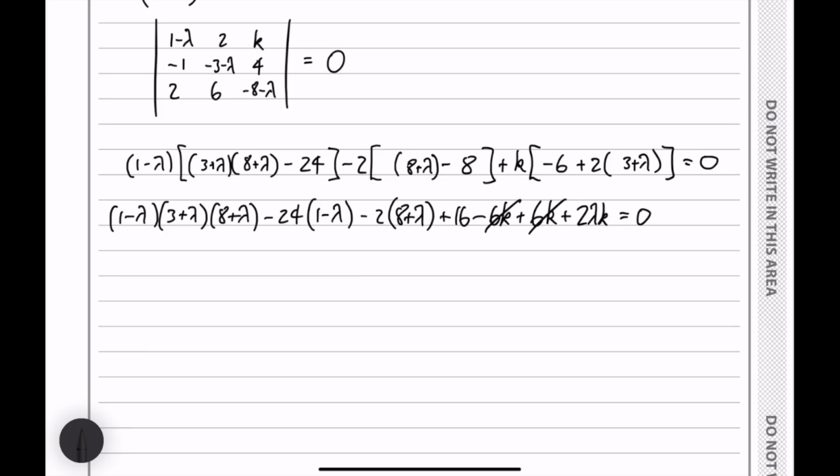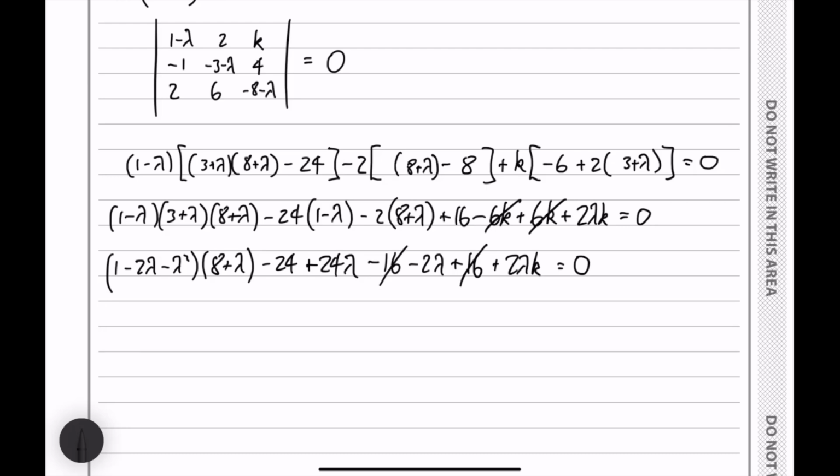Okay, so straight away that cancels, and we're going to have a few more things cancelling, because we've got here a minus 16 minus 2 lambda plus 16. We've got minus 24 plus 24 lambda, and then the 3 bracket expansion. Let's get started on this. 1 minus 3 lambda plus lambda is minus 2 lambda minus lambda squared.